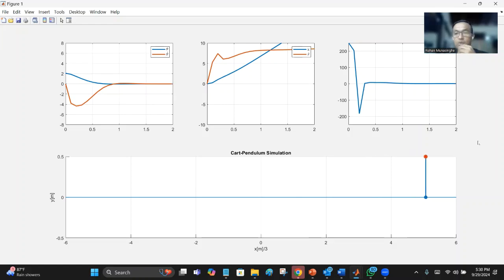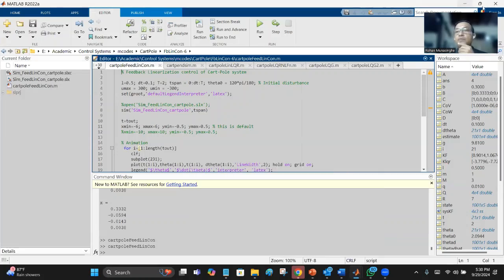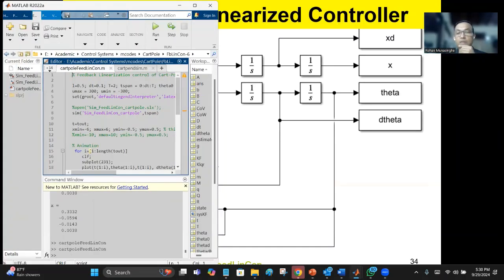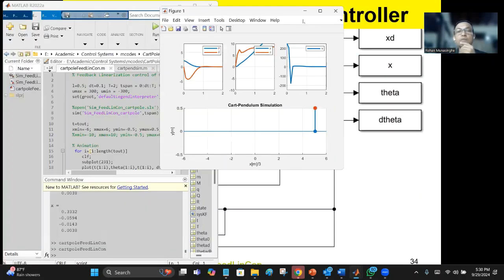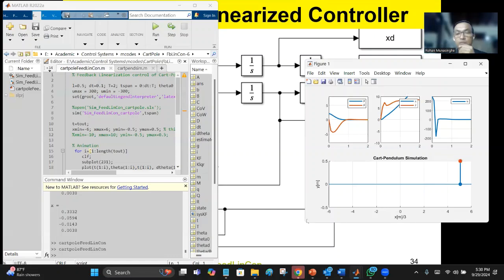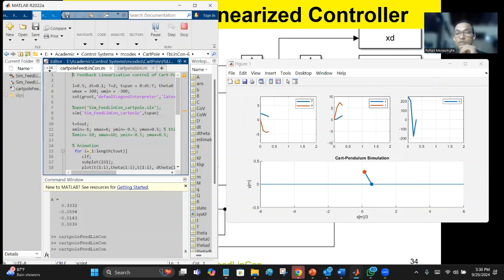So I have some animation over here. Maybe I can run it again for you to see, maybe show it side by side. This is very interesting stuff. Okay, I'm going to run it again. See where the pole starts right now. It's a very big deflection.